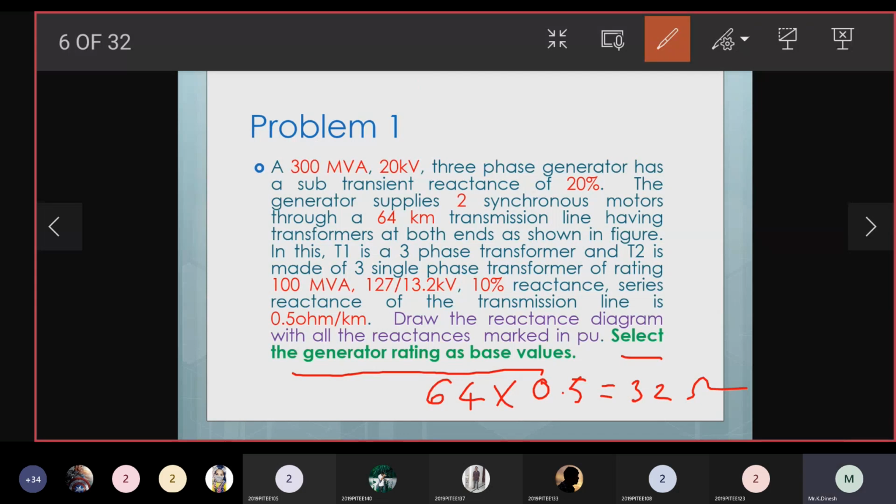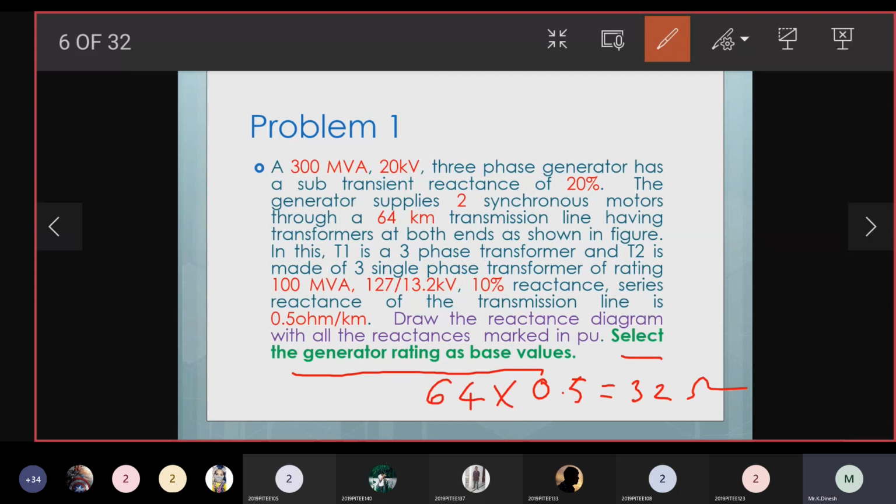As per our solution, the base values are treated as new values. That is MVAB new as 300 MVA and KVB new as 20 kV.